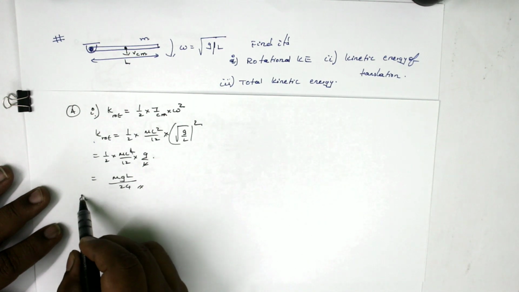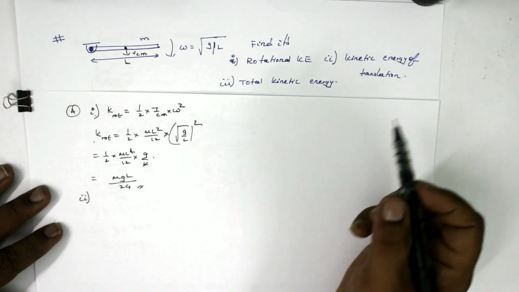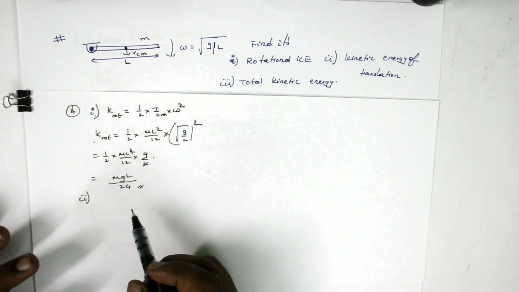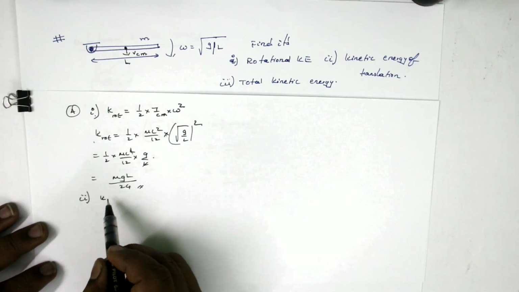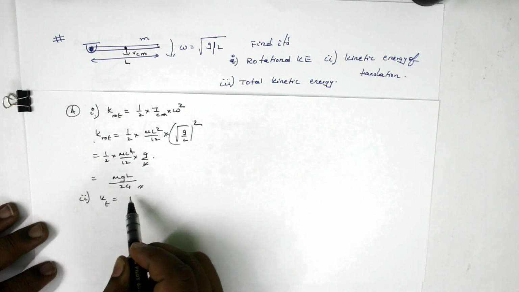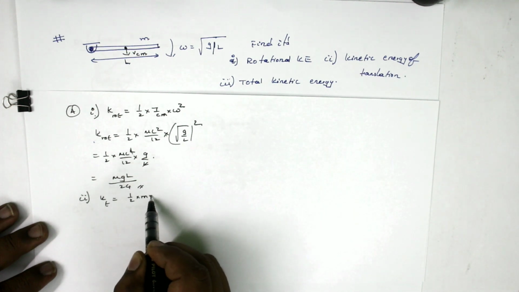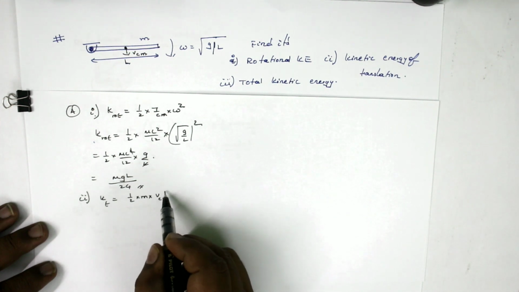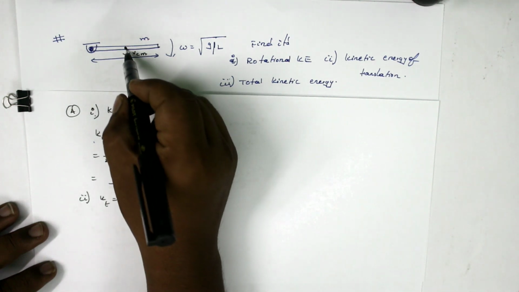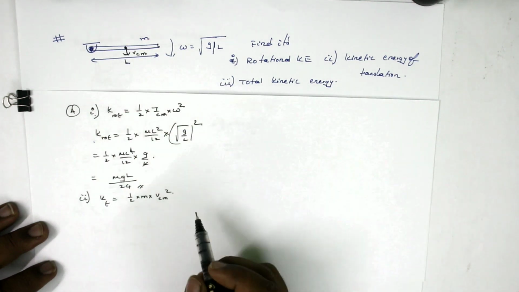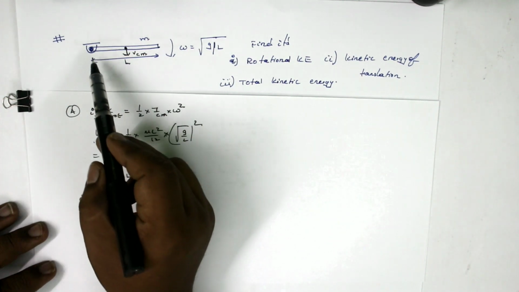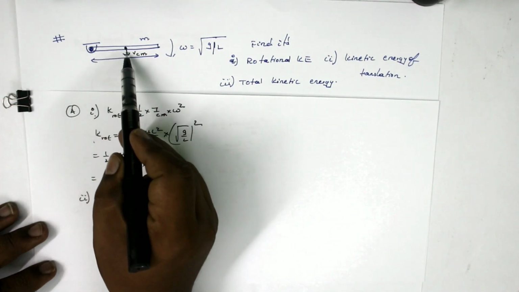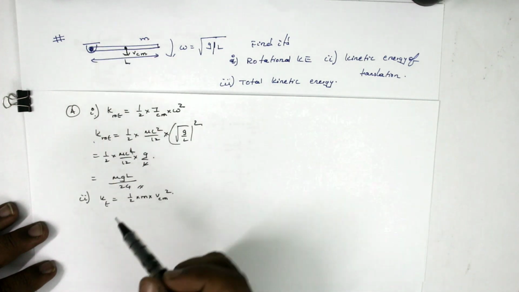Now let us see the second question, kinetic energy of translation. We have also studied this equation. K translation is equal to half into m into v center of mass square. Here v center of mass is nothing but the tangential velocity at this distance of L by 2 from the axis of rotation.